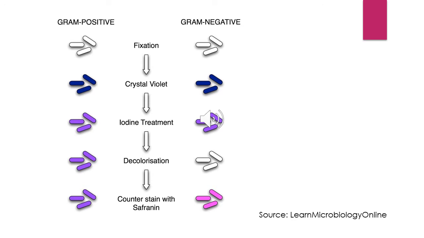At the point of decolorization, the gram-positive retains the primary stain, and the gram-negative organism does not retain the primary stain, and it becomes colorless.